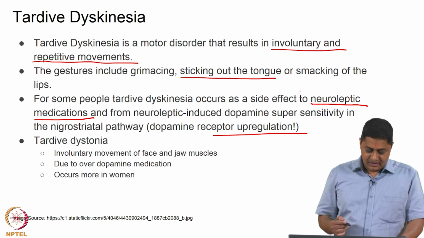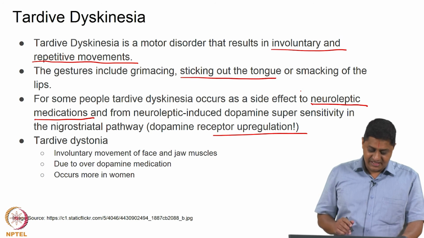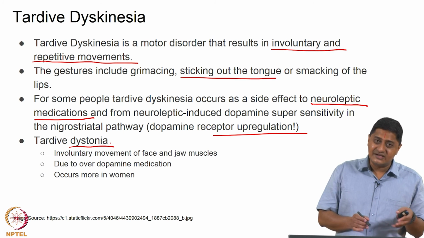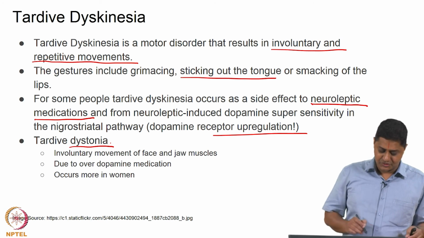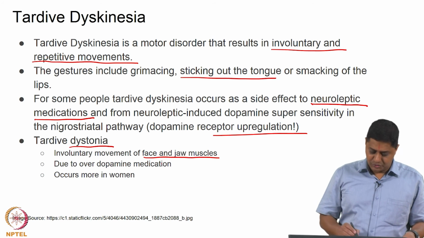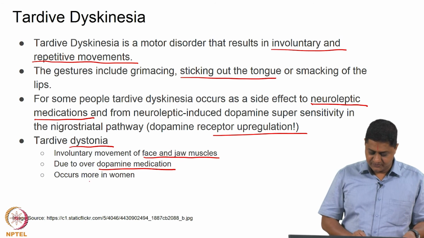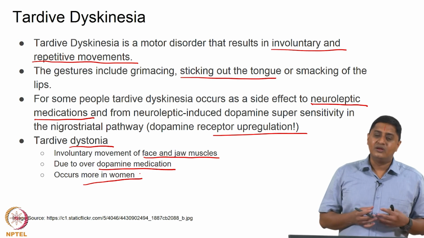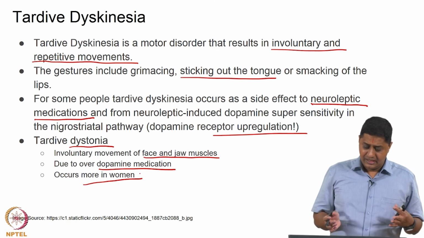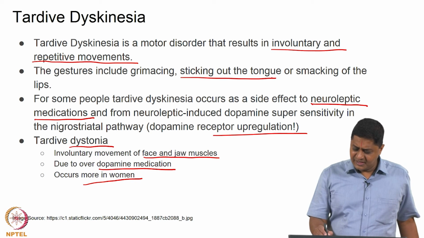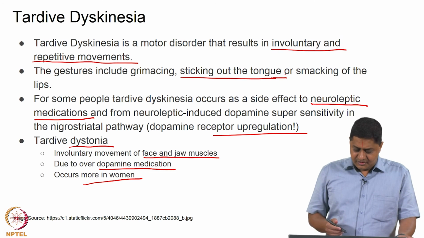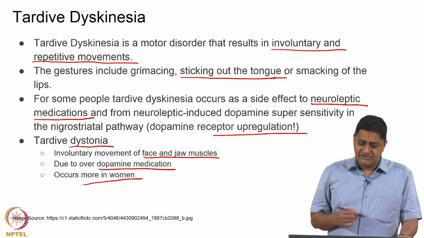One particular form of tardive dyskinesia is tardive dystonia, which is related to both tardive dyskinesia and dystonia. Again there are involuntary movements of face and jaw muscles, due to dopamine medication. It occurs more in women than in men, and more in older people than in younger people. In some cases it also happens as a result of other medication side effects.